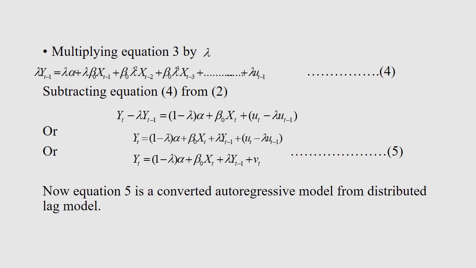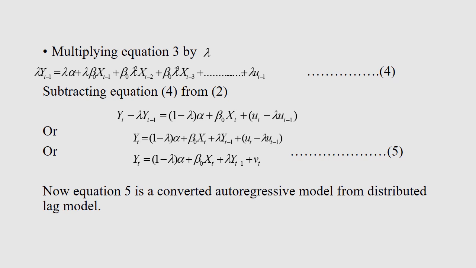So after that some simplification has been done, and ultimately keeping yt on the left hand side we are getting equation number 5 as yt equal to 1 minus lambda alpha plus beta naught xt plus lambda yt minus 1 plus vt. This is the transformed model given by Koyck. There are some special characteristics.